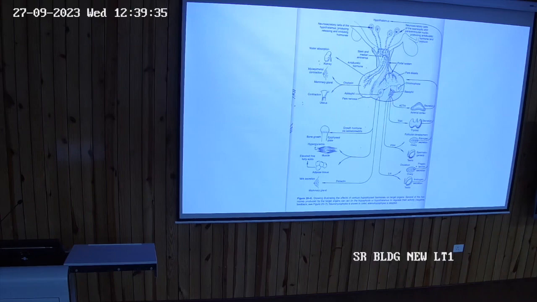I am repeating again: if the person has a very long height, above the normal height, this is resulting from excessive secretion of the growth hormone before the fusion of the epiphysis. Right? That will result in gigantism. Very tall.